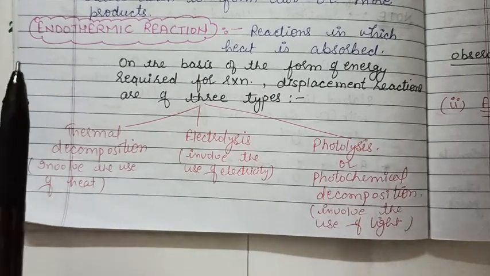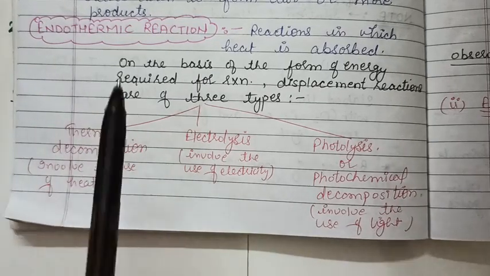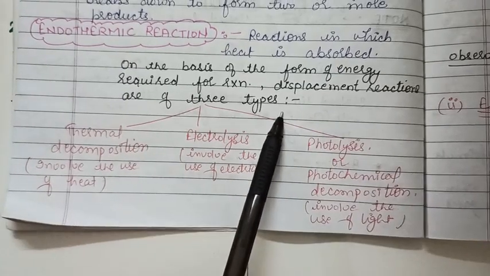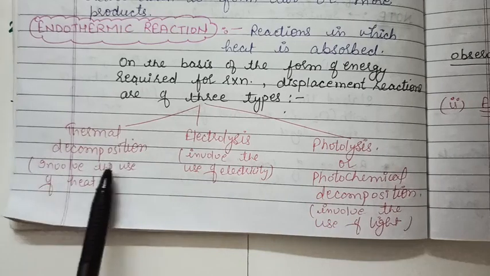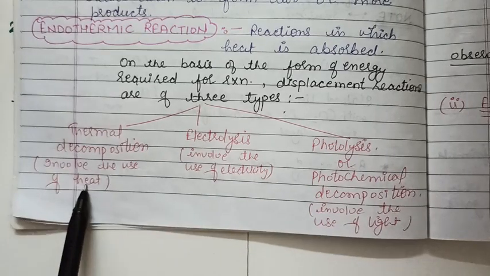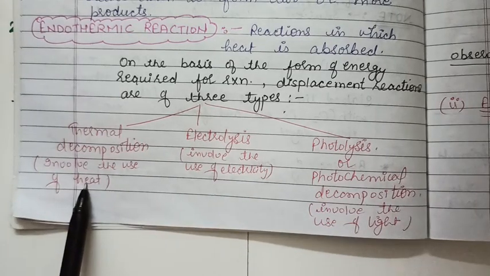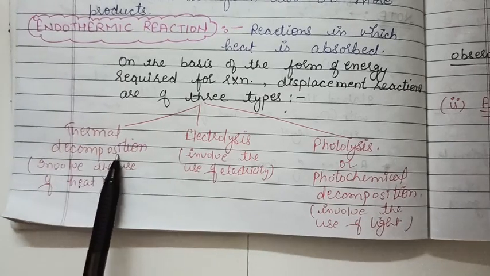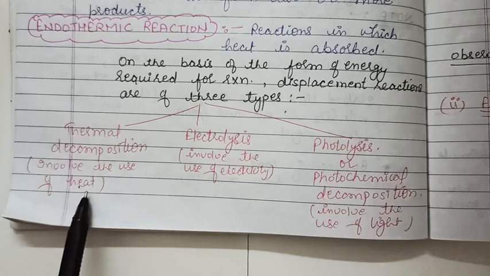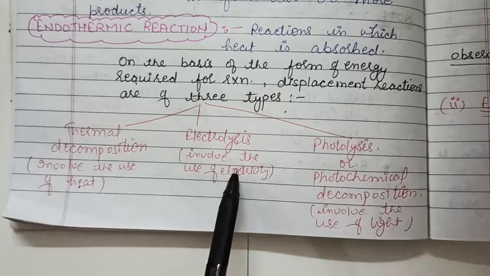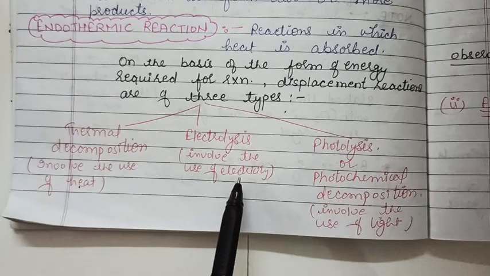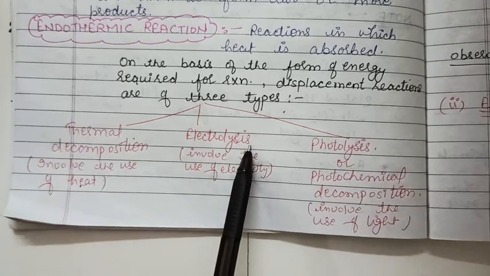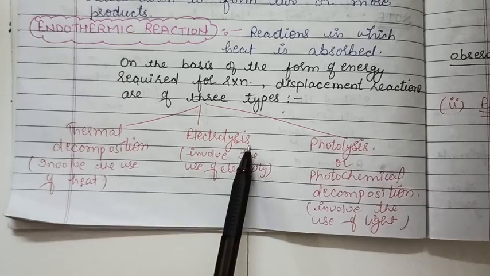On the basis of the form of energy required for the reaction, decomposition reactions are of three types. If they are using energy in the form of heat, then it is called thermal decomposition. Thermal refers to heat. If it is using energy in the form of electricity, then it is called electrolysis or electrolytic decomposition.